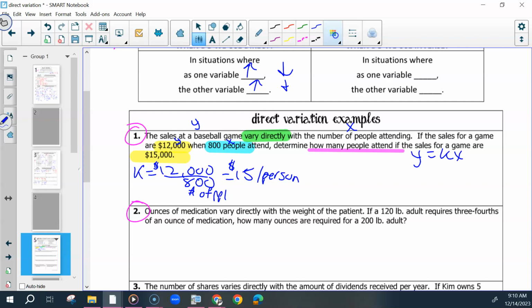We are looking for how many people. So would that be y or would that be x? X. We are looking for x. We have our y. How would we set this up? 15,000 equals 15x, divided by 15, and our x equals 1,000. 1,000 what?